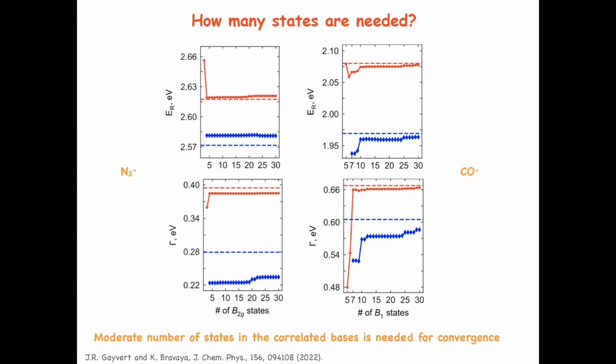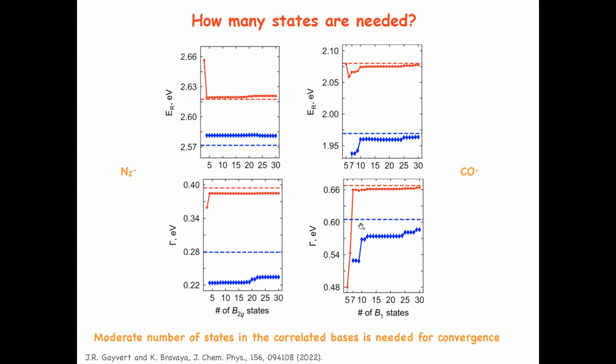How many states do we need? It really depends. For example, for N2-, if you look at the resonance energy, it's enough to get 5 states. The same for width. So it's a very small model space that we need to worry about. In the case of CO-, depending on how converged we want to be, we might need to go up to 30 states.